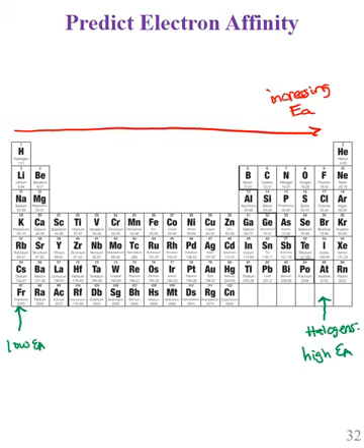Now if I'm looking down a group, let's say I'm going to look at fluorine. Fluorine is going to be fairly small, right? If it's fairly small, that means that the electrons are more tightly held together.